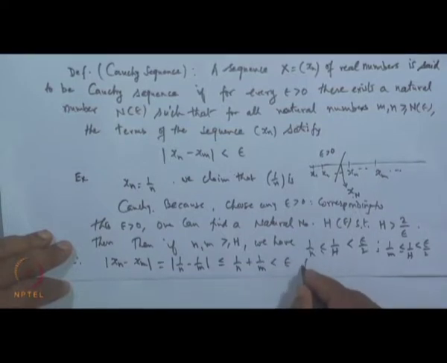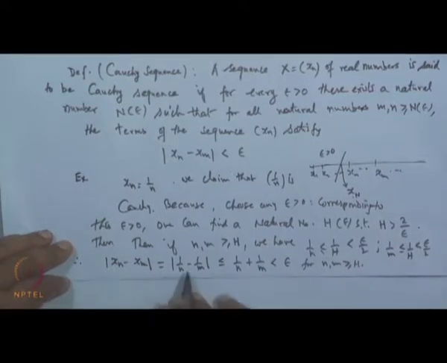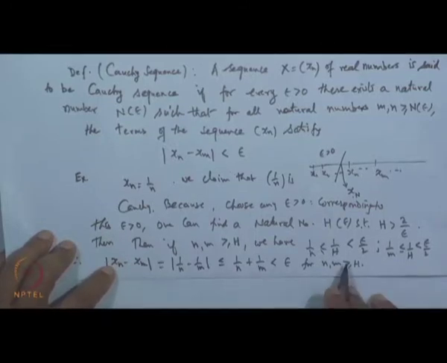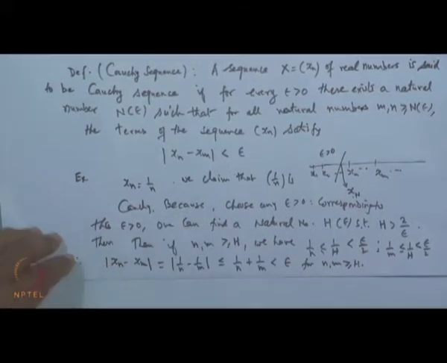So, this is less than epsilon for all n, m greater than or equal to h. It means the difference between two arbitrary terms of the sequence after this certain stage h onward is less than epsilon. So, the sequence 1 by n is a Cauchy sequence.